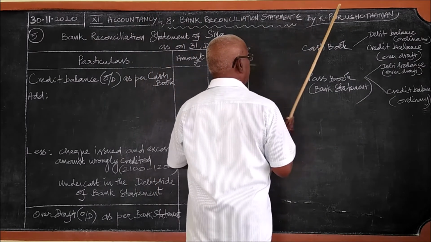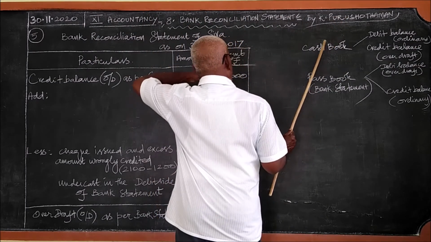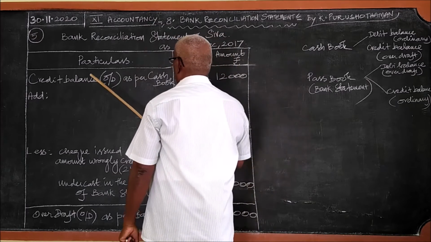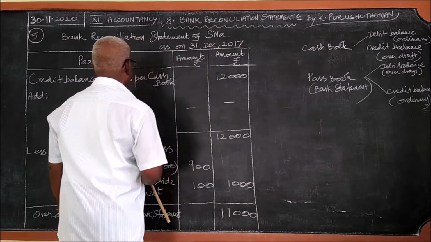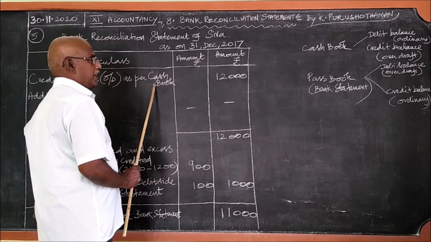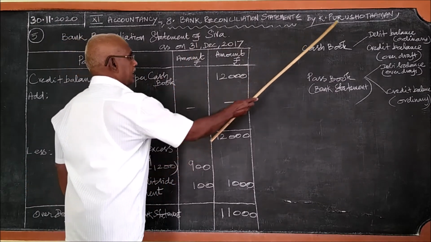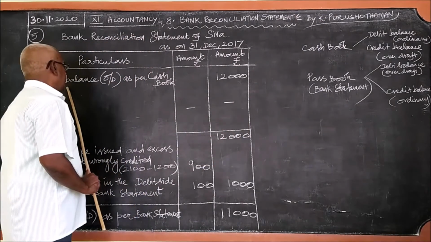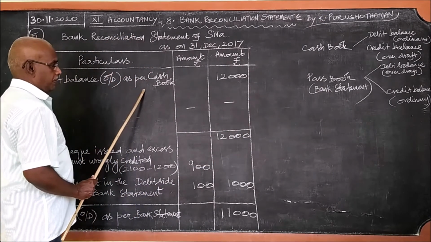Now, the ordinary balance is debit balance. If it is debit balance, we write balance as per cash book. If it is credit balance, we should write that it is overdraft balance.